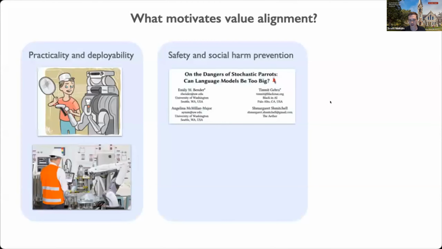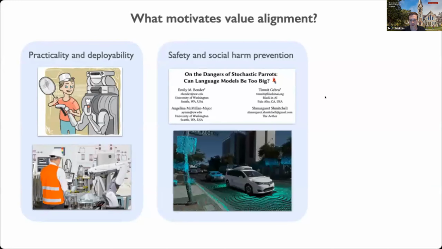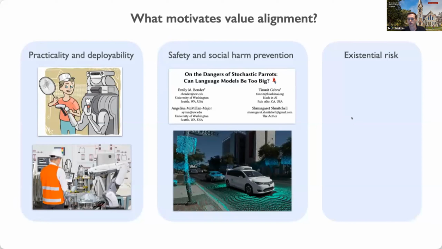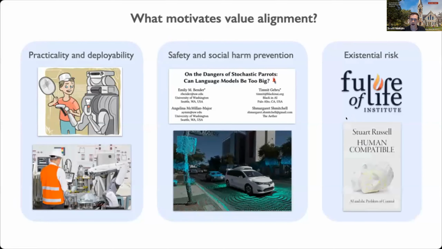There's been a lot of talk about this with large language models. But as more and more self-driving cars are being tested and used on the road, we've seen deaths and other injuries increase as well. And finally, there are people who are concerned with existential risks, more serious catastrophic risks that can come from unaligned AI systems.